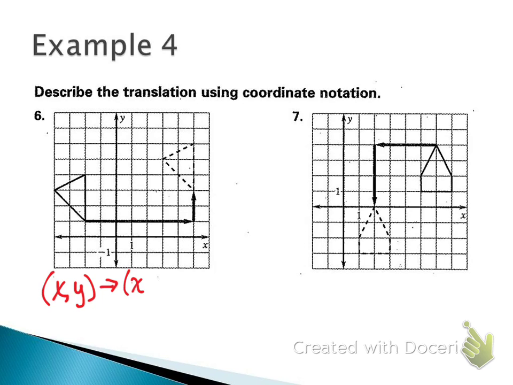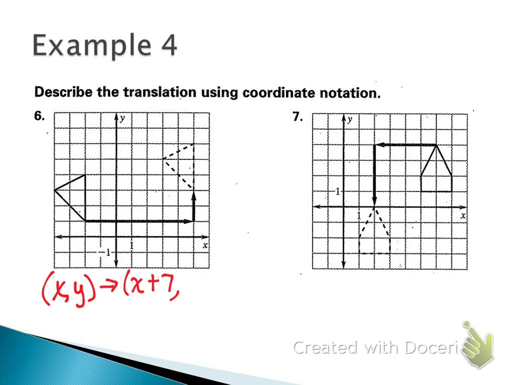Then we have to say how the x value is changing. So if we look at where we start, do we go to the left or the right? To the right. And if we're moving to the right, are we going to add or subtract? Add. And how many units are we moving right? 1, 2, 3, 4, 5, 6, 7.